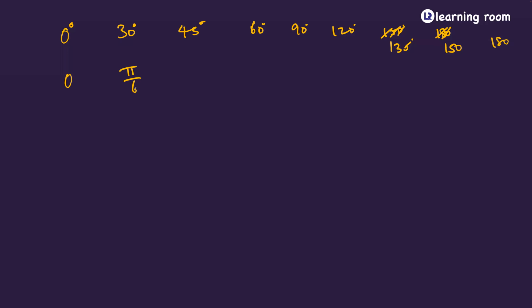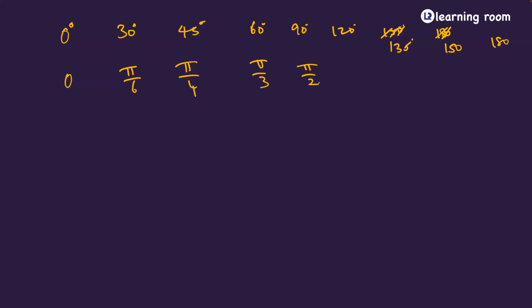There is one more confusion that happens. I've seen many of them making this mistake. Pi by 6, they'll write it as 60 degrees because they get carried away by the 6 in the denominator. That's one common mistake. Pi by 6 is 30, pi by 3 is 60. They are exchanged. 45 degrees is pi by 4. This is pi by 3.